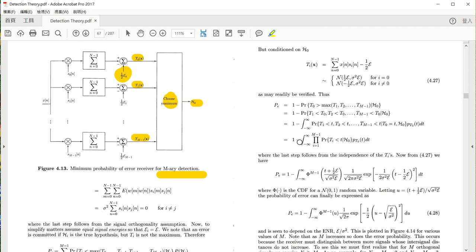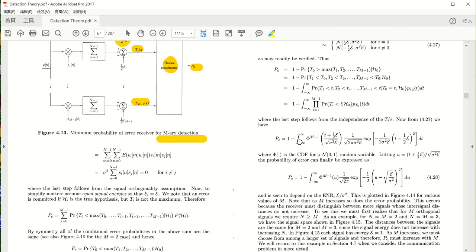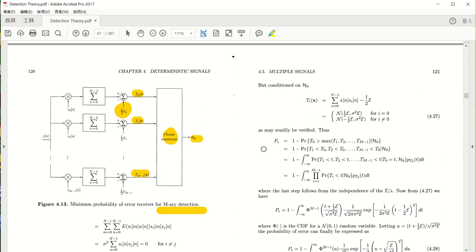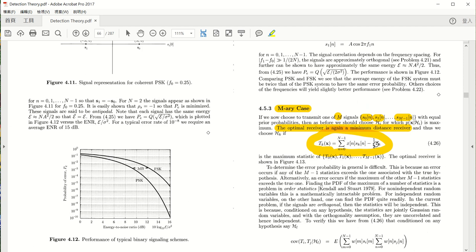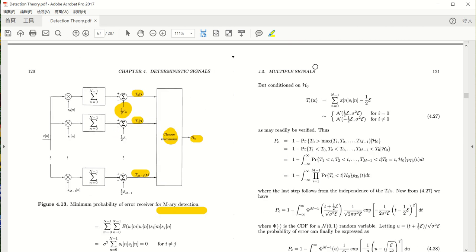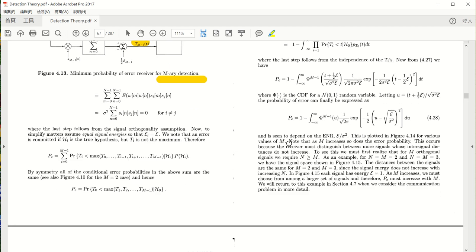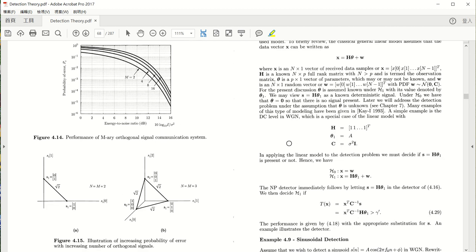So in this chapter, we have been going from the binary case to the M-ary case. The most important thing is that you understand this is the maximum likelihood test statistic, and also that you understand how we implement it in a block diagram, which is in this figure. I think it's very important that you get a sense of what it is.